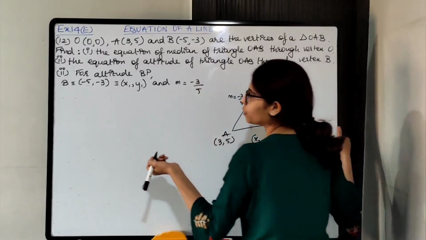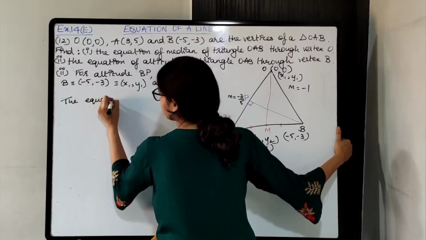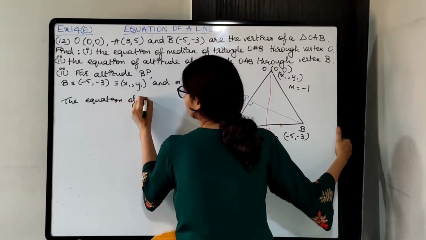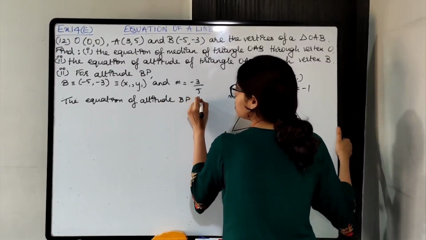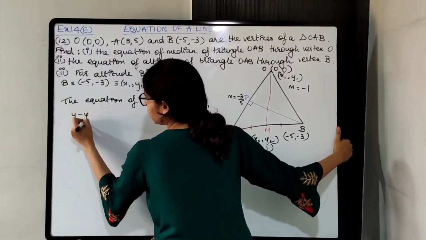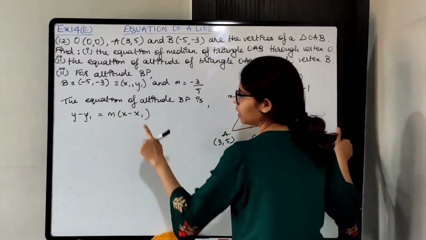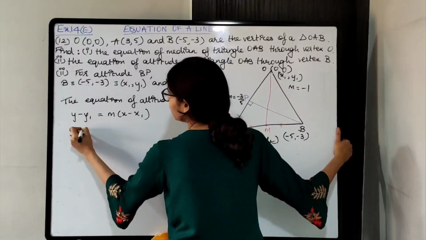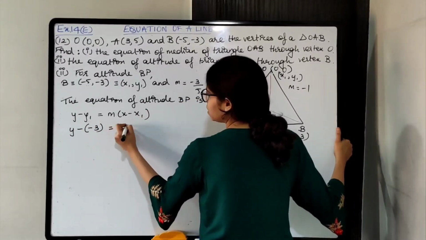So using the formula, the equation of altitude BP is y minus y1 equals m into x minus x1. Let's put the values. y1 is -3, m is -3 by 5.